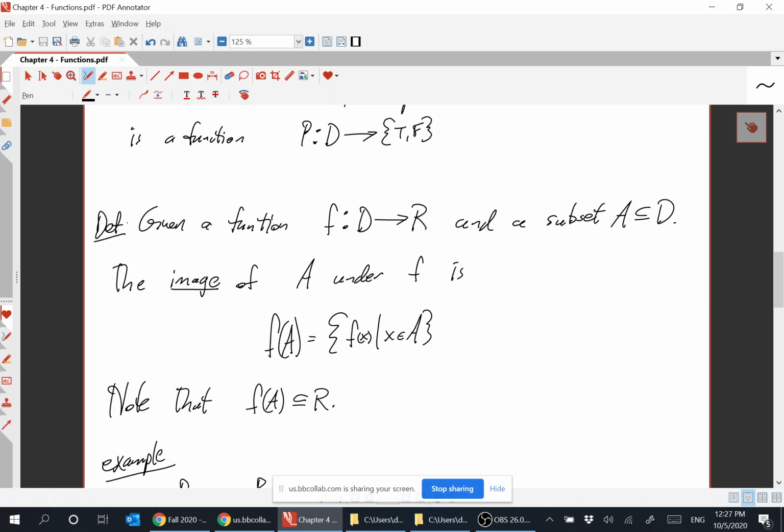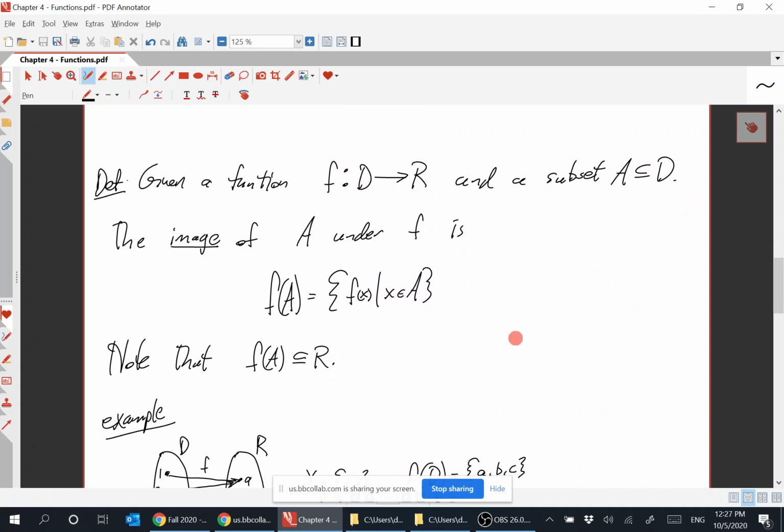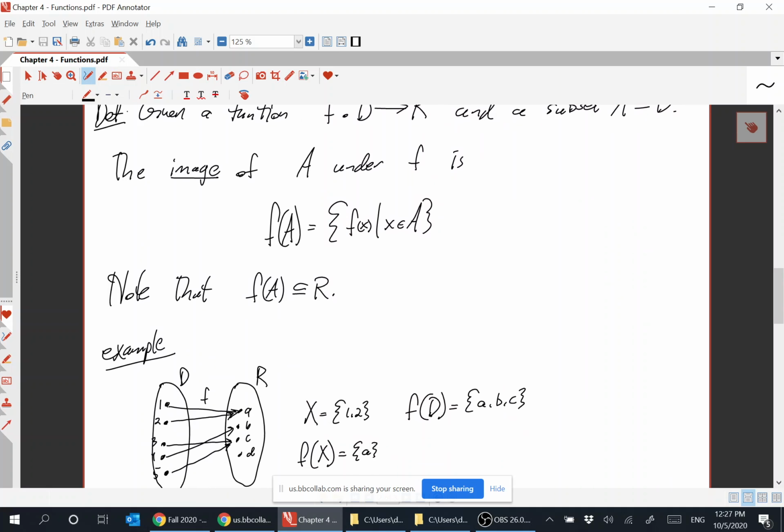Given a function f from domain to range and a subset A of the domain, the image of A under f is written like this, f of capital A. It's the set of all f of x such that x is in A, and that's a subset of the range.